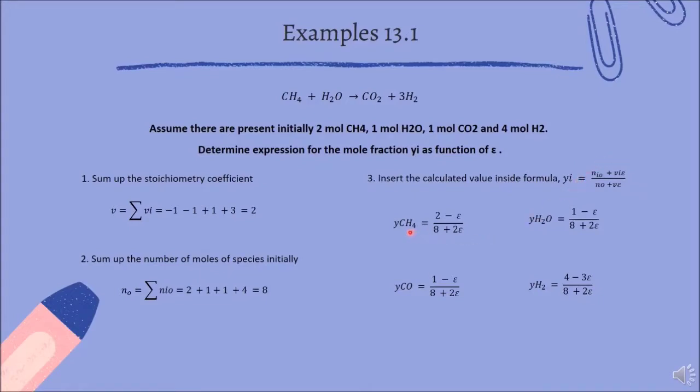So for y initially of CH4, we insert the number of mole of CH4, 2, and the stoichiometric coefficient of CH4, 1, over the total number of mole plus the total of stoichiometric coefficients, and it applies for the other components also, for H2O, CO2 and H2. So that's it. This is the answer of this example.